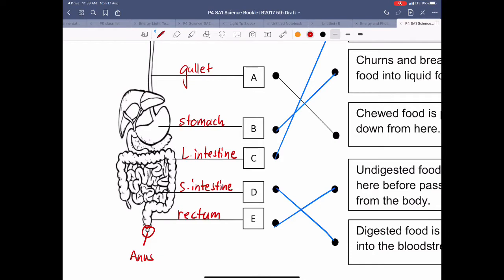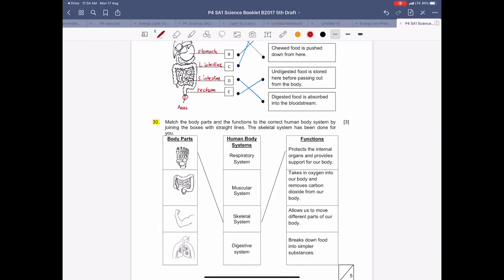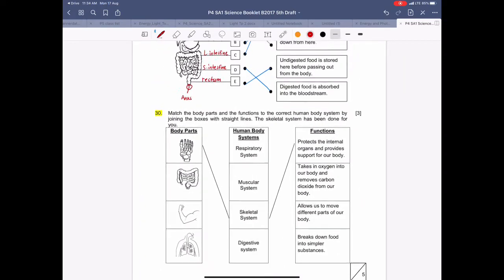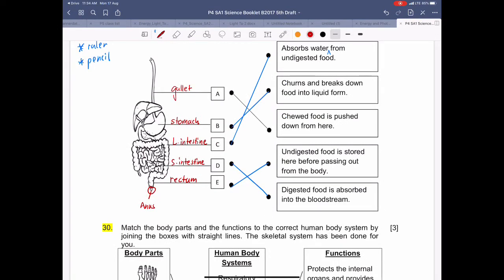Please write it down as a form of revision. Okay, moving on. Next. Yes, of course.